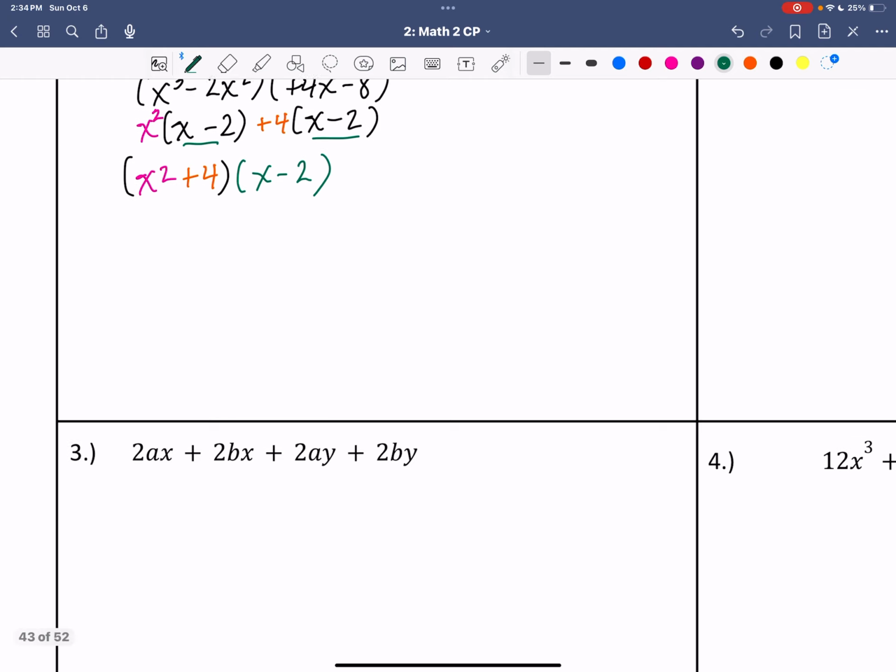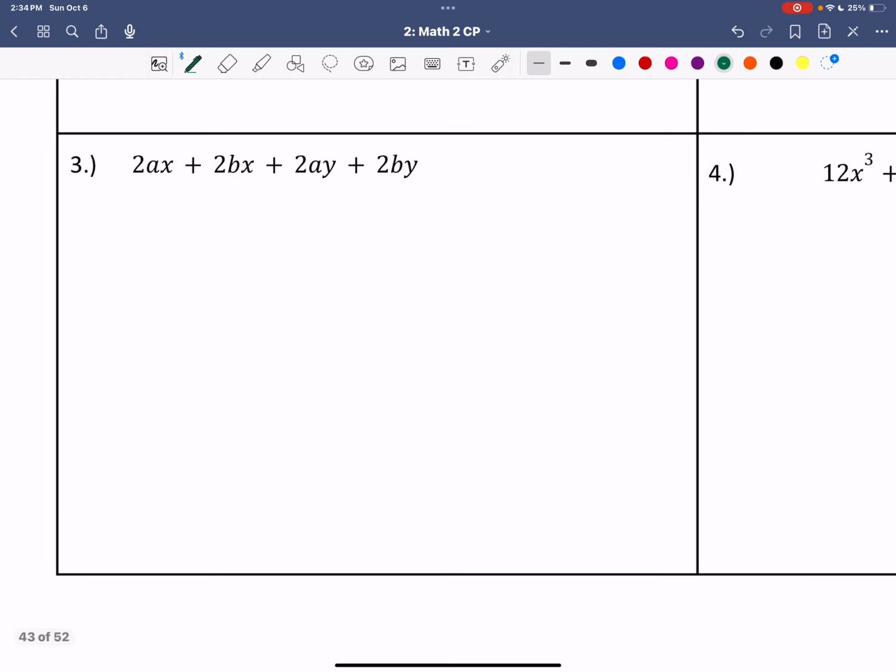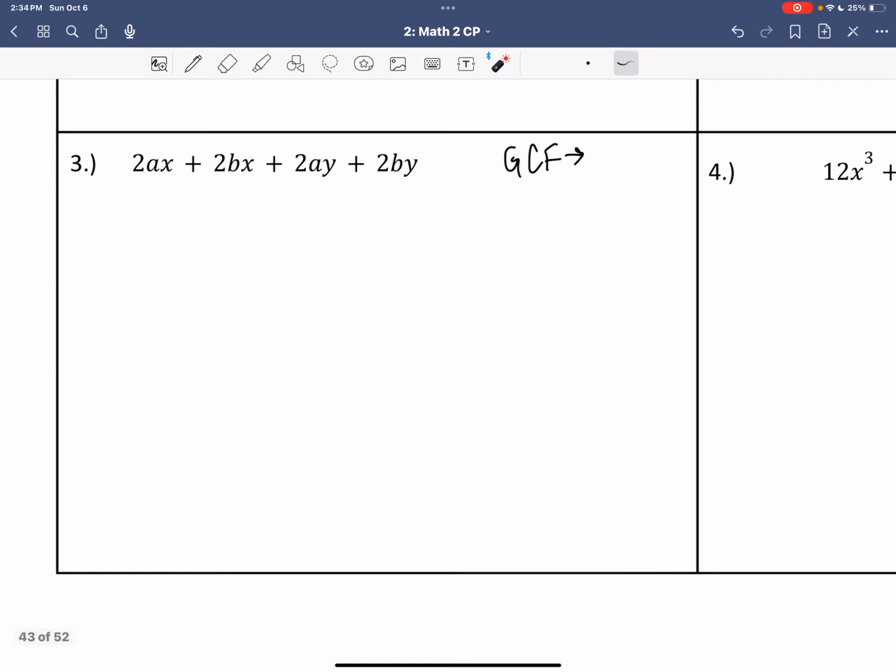All right, now let's look down here on number 3. For number 3, let's see if we can find the GCF. 2ax, 2bx, 2ay, 2by. The only thing they have in common is 2. So I'm dividing each term by 2, and I'm going to factor that out.